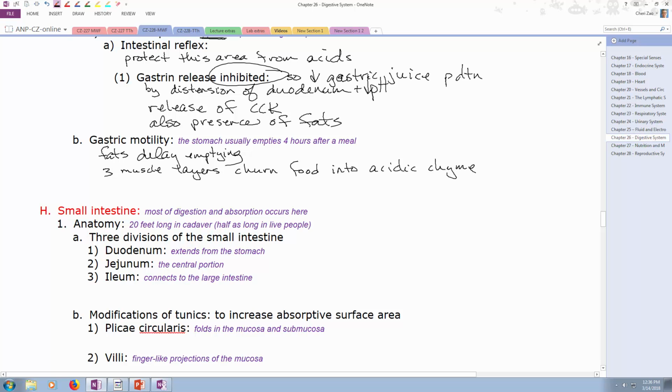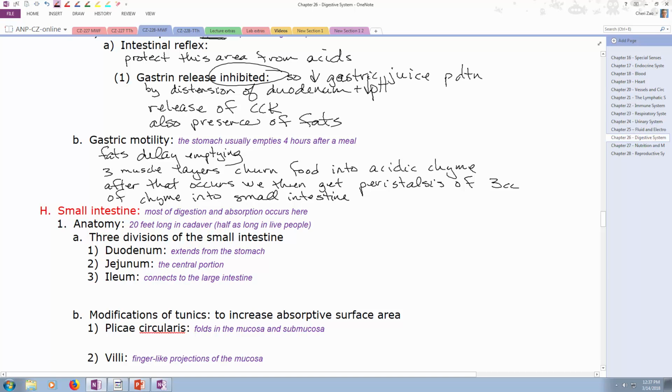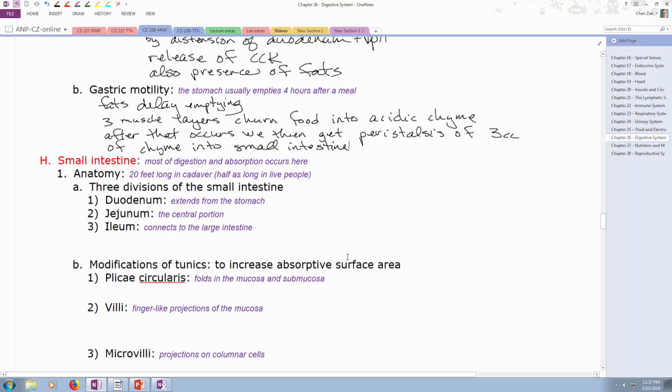And then after we get a good amount of mechanical and chemical degradation of our foodstuffs, we then get peristaltic waves that squirt 3 cc's of the chyme into the small intestine, or the duodenum.